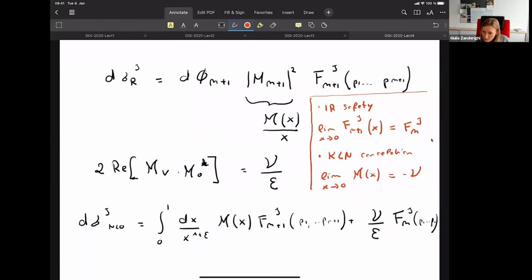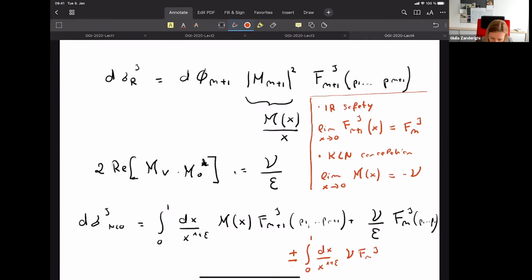Now, if you use this, what you can do is add and subtract to this expression the following integral, dx over x to the 1 plus epsilon, V f n j. Now what happens? Now you can combine this with a minus sign with the real, and this integral with this one.